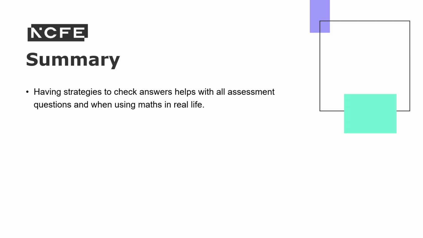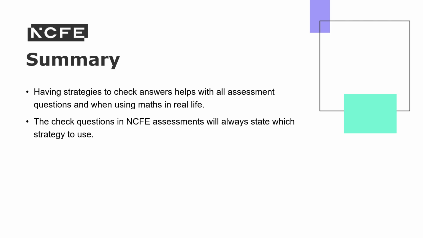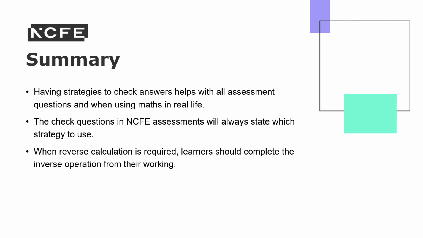In summary, having strategies to check answers helps with all assessment questions and when using maths in real life. The check questions in NCFE assessments will always state which strategy to use. It will either say use a reverse calculation, in which case use a reverse calculation, or it will say use estimation, in which case use estimation.